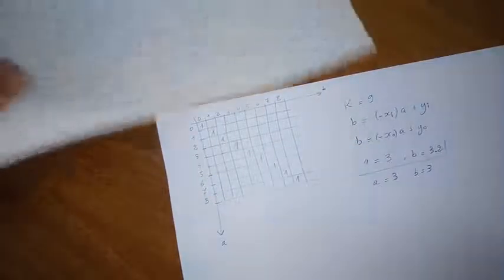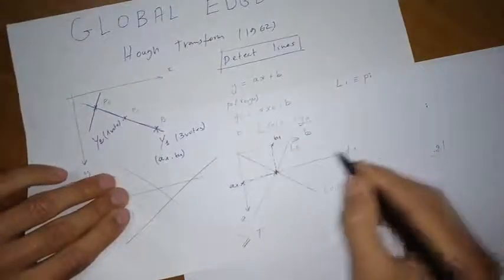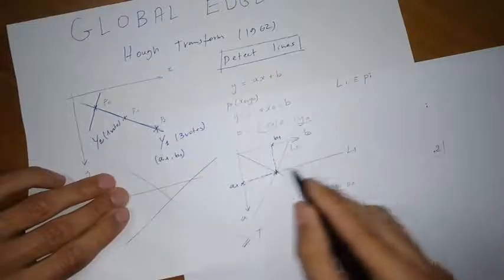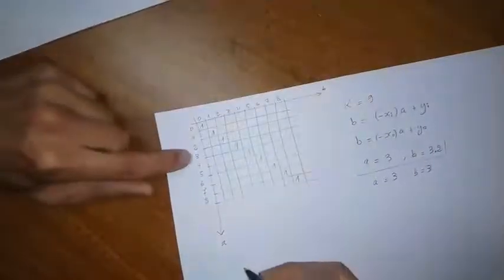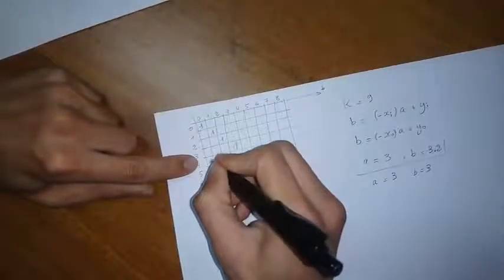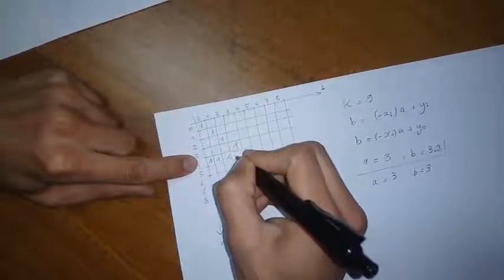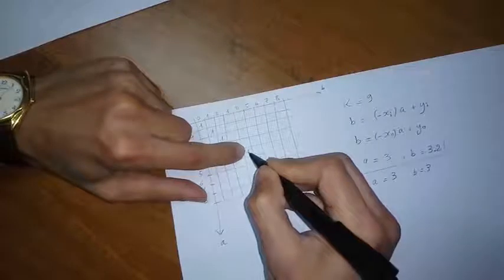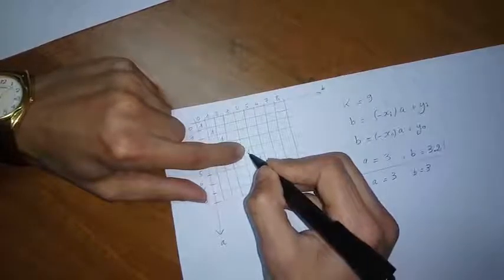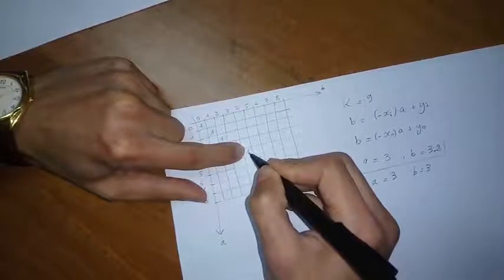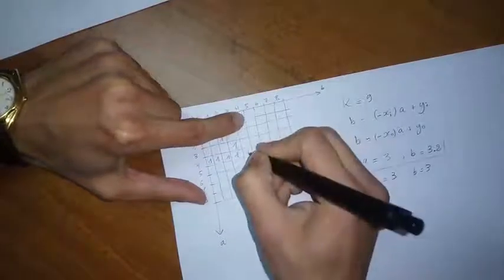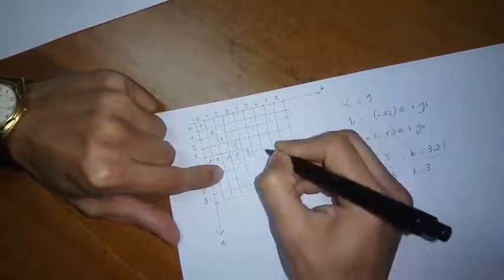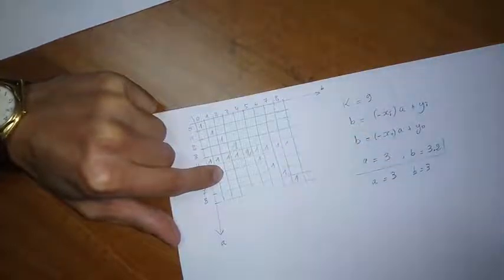I'm going to do the same process for L1. L1 is going to be a horizontal line, so it can be, for example, something like this: 1, 1, 1, 1. Once I get here, I have to increment this value even if it's already incremented. So I will get 2, and 1s in the next cells.